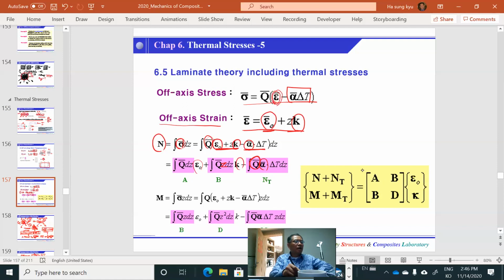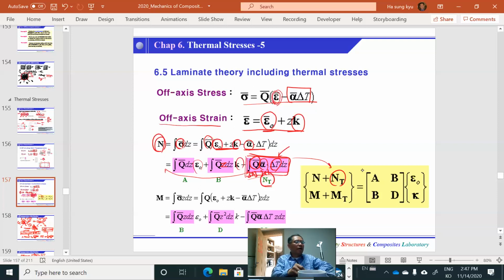This is the 3 by 3, and this is the 3 by 1, the same order as N. Delta T is the external load, an externally given value. So once we apply delta T, this will act as a mechanical load, similar to N. So we can move this term to the left hand side and call it NT. So N plus NT.